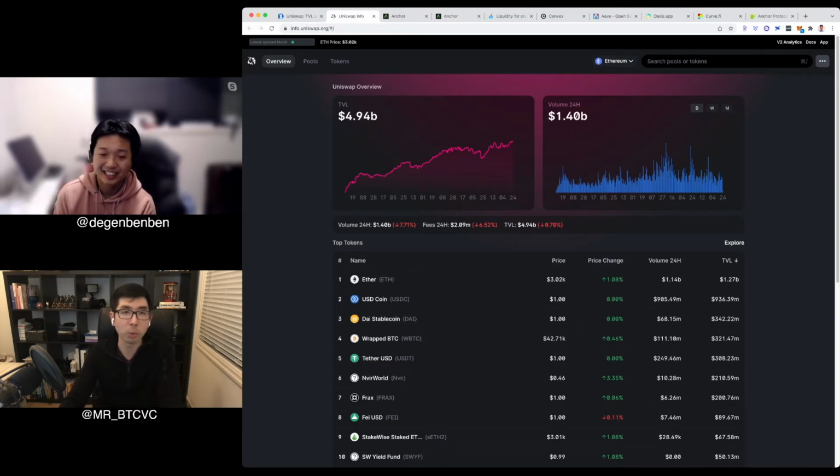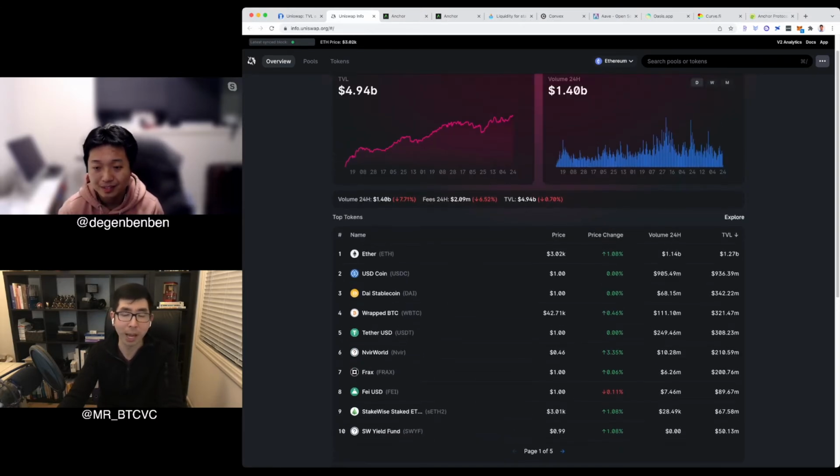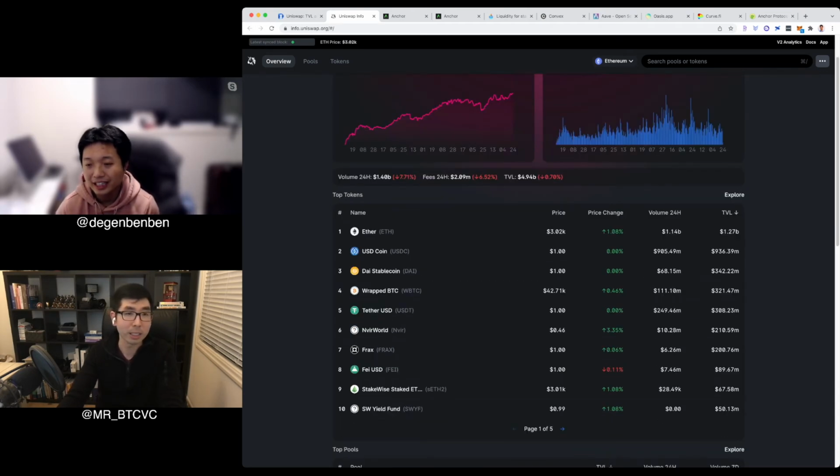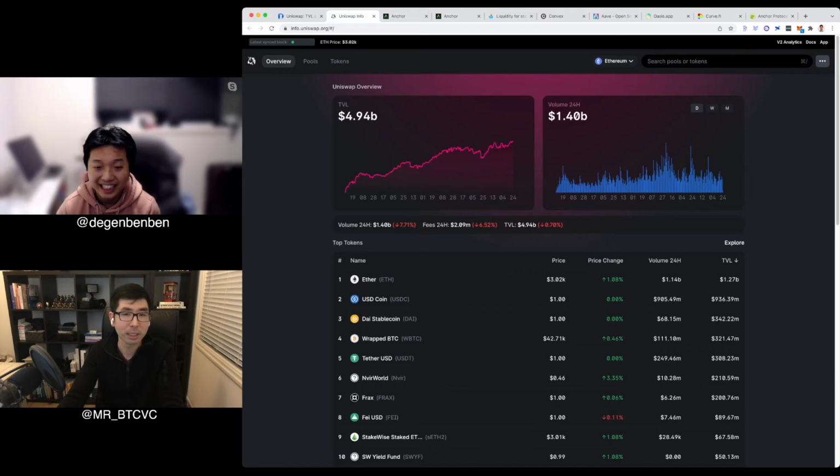Okay. So what Uniswap does is, this is a proper AMM, an automated market maker, and it's the most popular one. Anybody can actually use Uniswap to swap between two tokens.